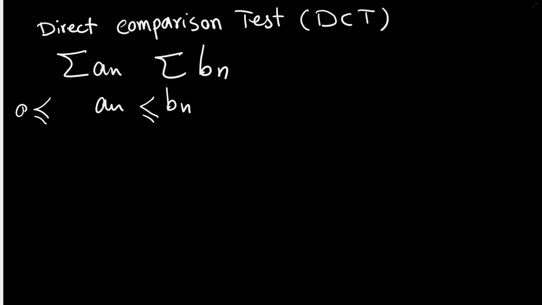By the direct comparison test, we know that if sigma bn, which is the greater series, converges, then we can conclude that sigma an, which is less than sigma bn, definitely converges as well. And if the smaller series, which is sigma an, diverges, then definitely the bigger one diverges.